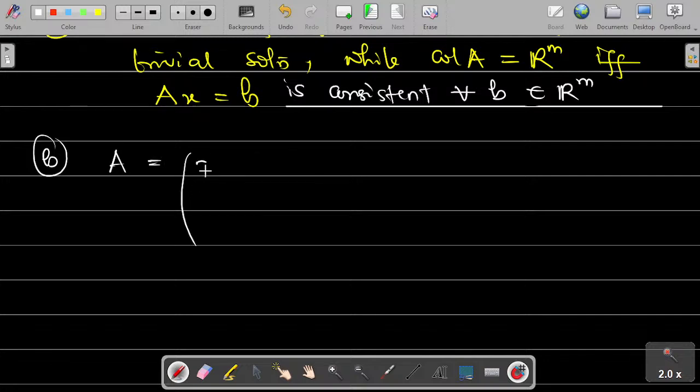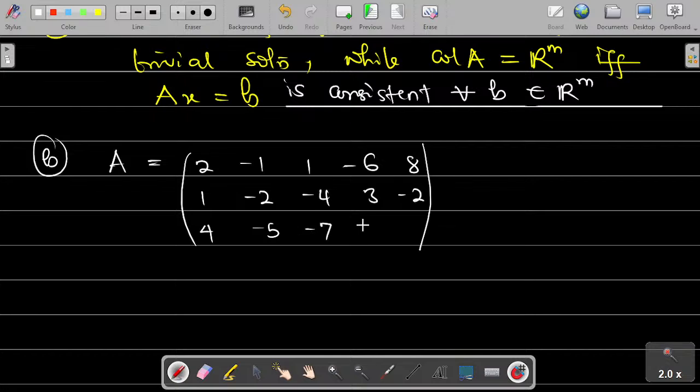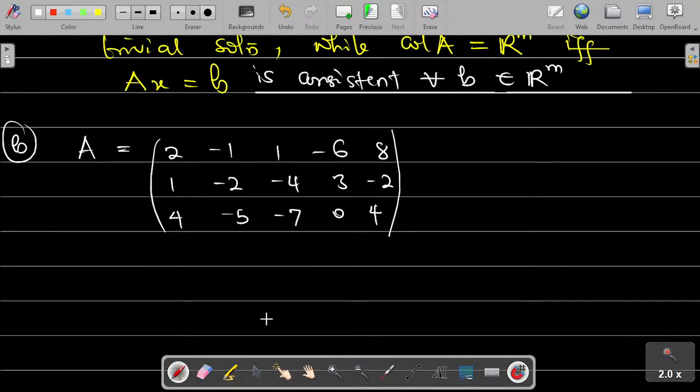So matrix A, we are given, and for matrix B, we are given that B is equal to, okay, so let's write out our B.